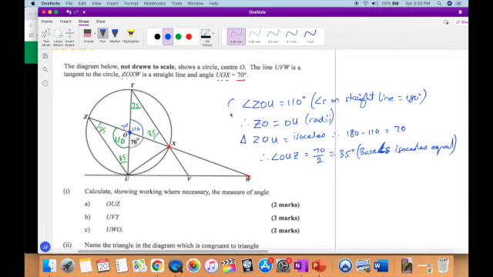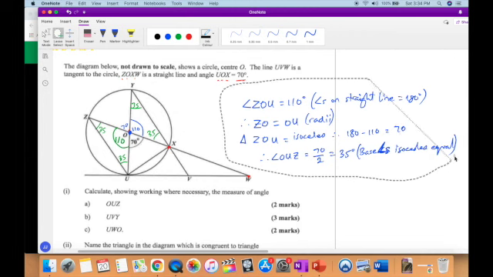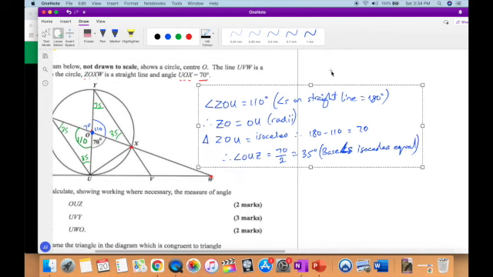But this is the level in a circle theorems question. To get your full 2 marks, this is the level that you had to come with. Otherwise, you're going to lose half a mark here, half a mark there, all that kind of thing. So make sure that you state all of your reasons.